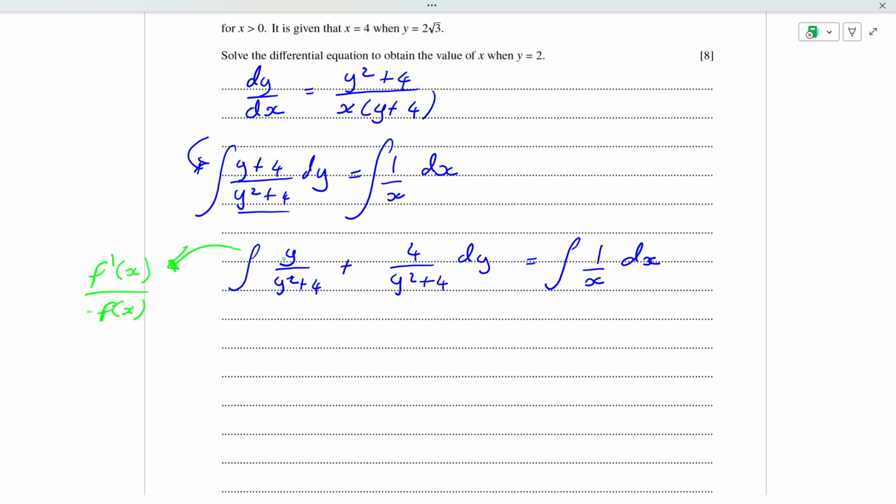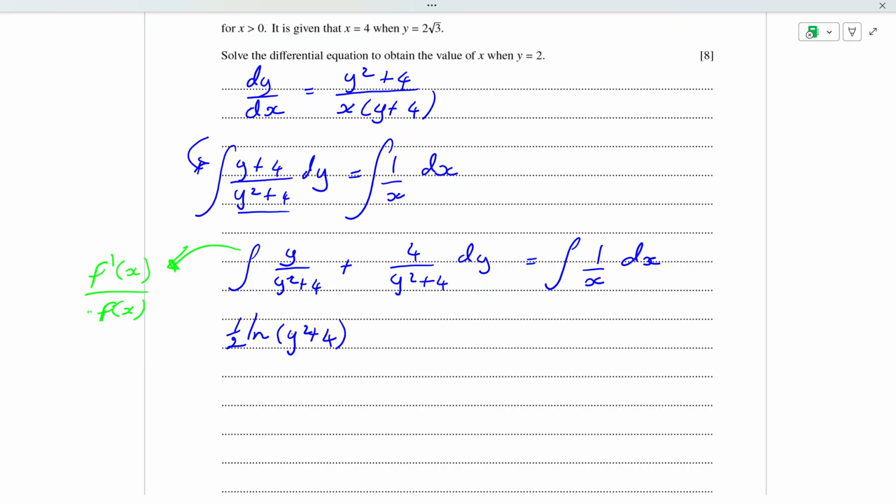But here there's no 2. Therefore, to compensate for not having a 2, I'll put a half outside. So it becomes half ln of the original, y squared plus 4.